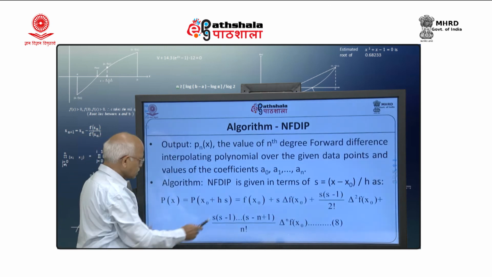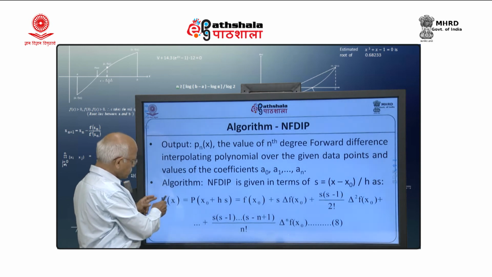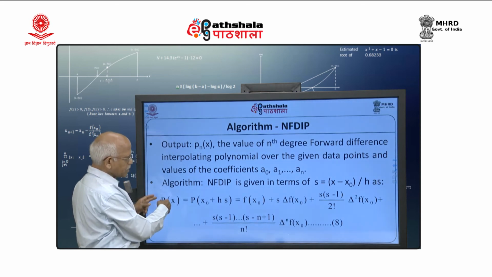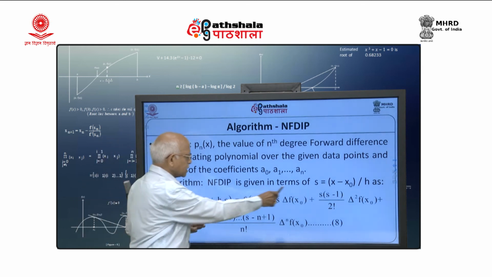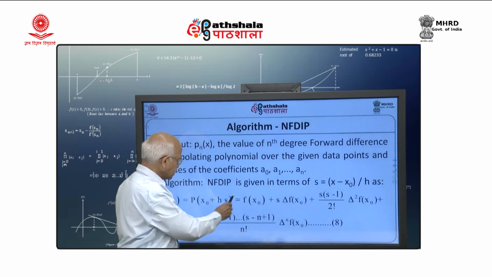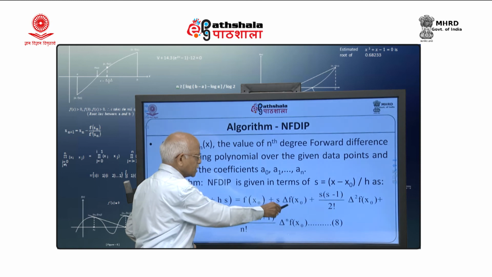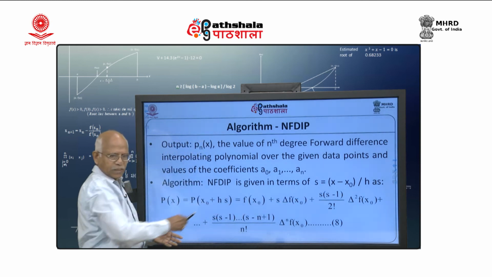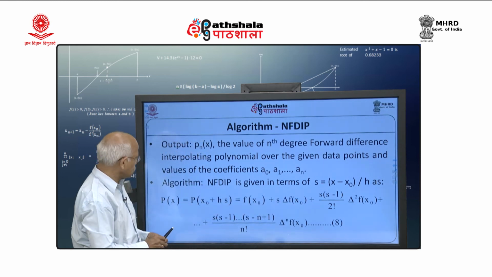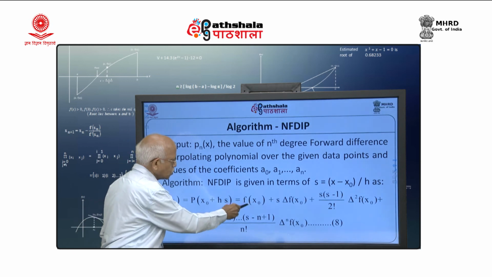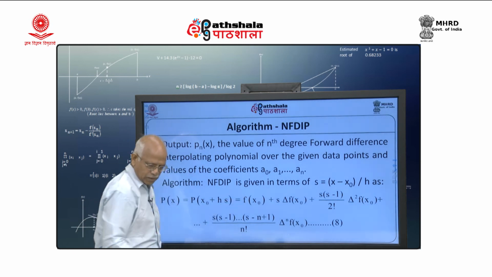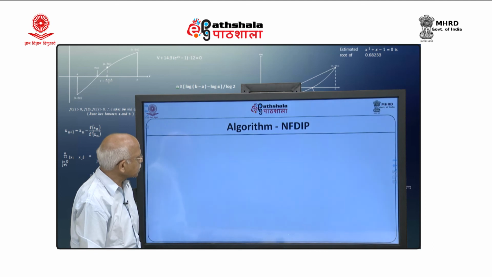So, we are working out this value of p(x) with this. This will be the first term, then you add the second term, then the third term, like that. Therefore, in the initialization we are taking p(x) equal to y_0 or a_0, which is one and the same here.